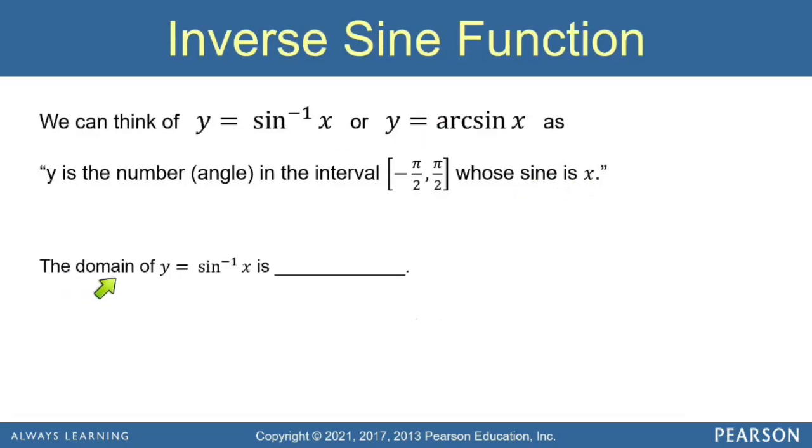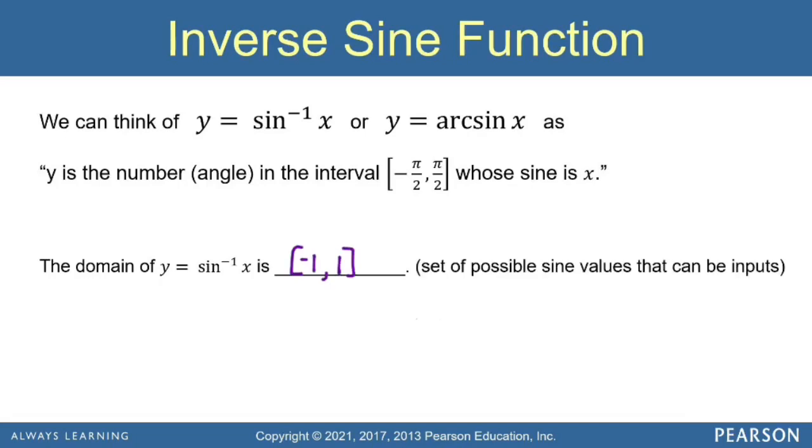Now the domain of a function, you'll remember, is the set of all values that can be plugged into that function. And for sine inverse, that would be any possible sine value. And we know that sine values have to be between -1 and +1. So the domain for y equals sine inverse of x is -1 to +1. And again, that's the set of possible sine values that can be inputs.